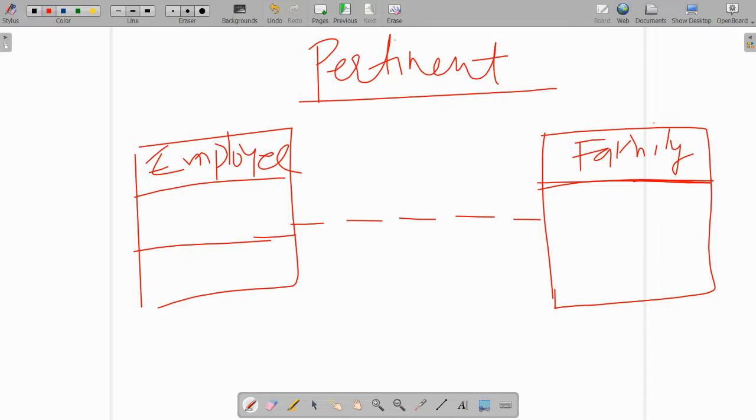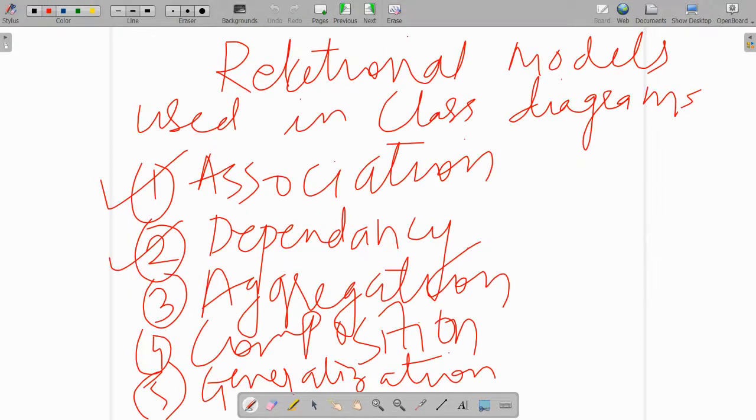Okay, so we have talked about this, and you will be doing this as homework. Please do the remaining three: aggregation, composition and generalization.